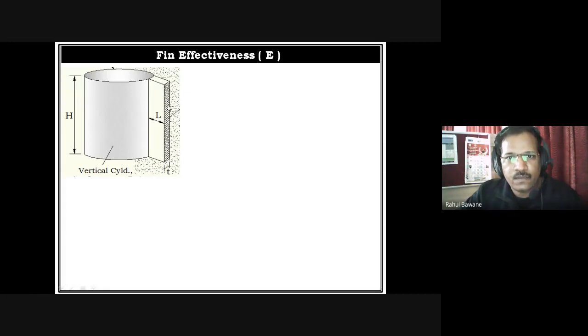Now for the same schematic, imagine there is only one fin. If I attach 10 fins on the periphery of the cylinder, okay, it will increase the heat transfer rate.